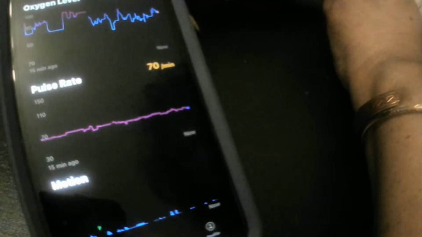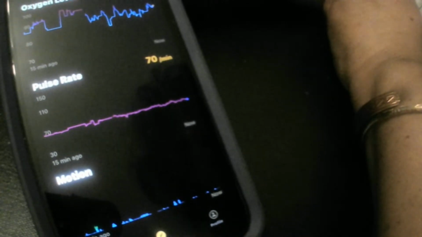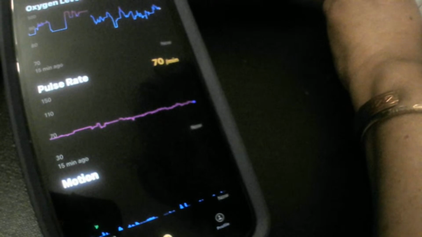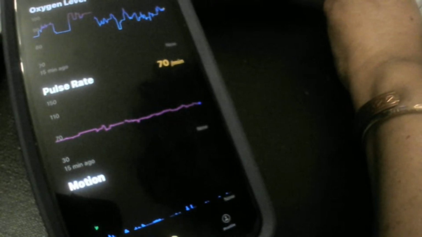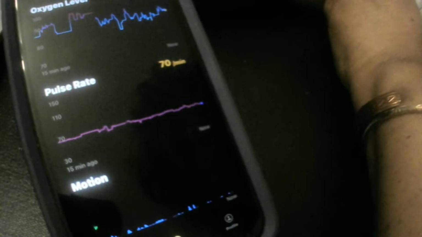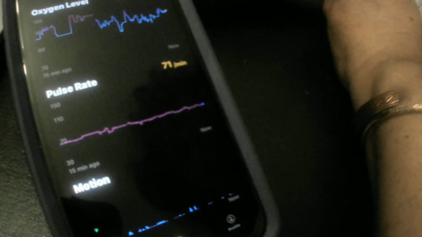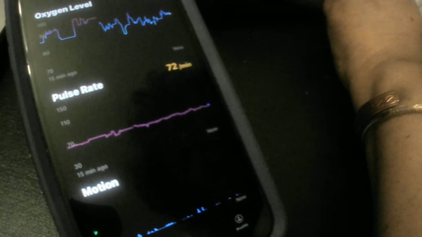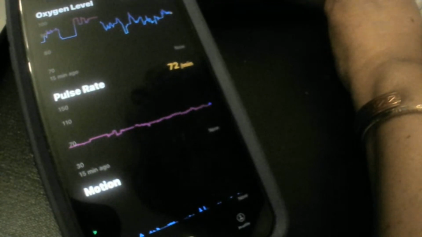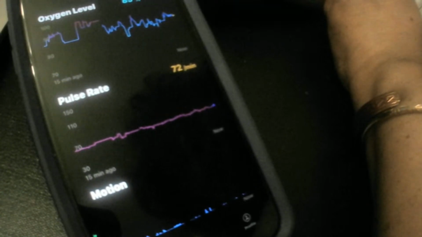Now look at the heart rate. 70. It's not changing. But the oxygen is. And I could feel the pressure around the middle, the upper middle body, from underneath the breast to the navel. I could feel the pressure.